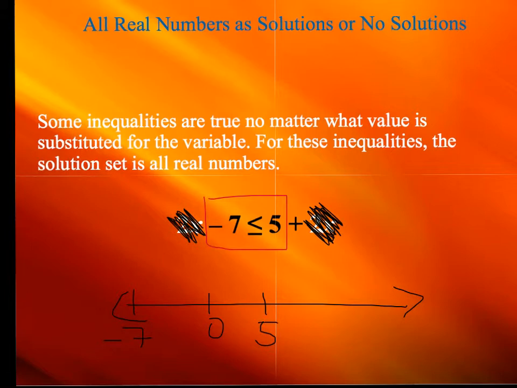And notice how negative 7 is less than 5 since it's more towards the left, which way is more less. So this is a true statement, therefore it is all reals. And this only happens when you have the same variable with the same leading coefficient on both sides. See, notice how we had the 2x on both sides. Now on the next slide, we'll look at inequality with no solution.